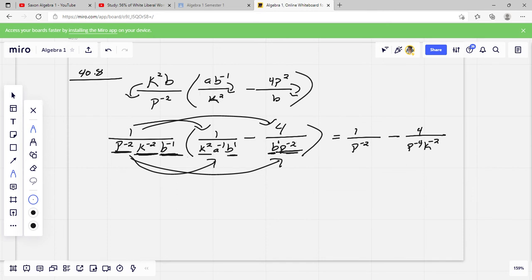So 1 over p negative 2, a. Where's a? Oh, I forgot my a. A had to go down there. There it is. Forgot about my a negative 1. There we go. A negative 1 right there. Are there any other a's in there? No. Okay. And then minus 4 over p negative 4 k squared. Yep, there's the answer. Don't miss any. I missed that a on that one.